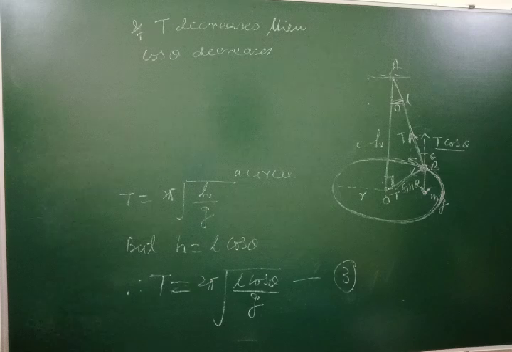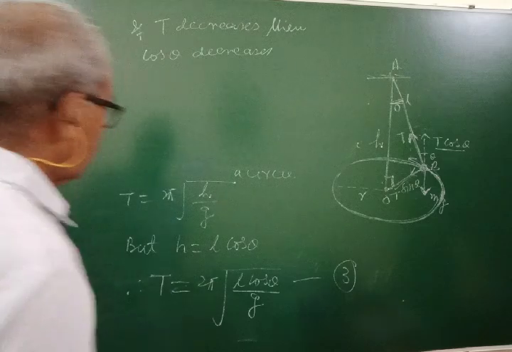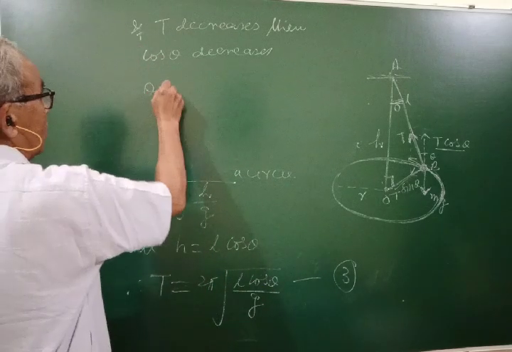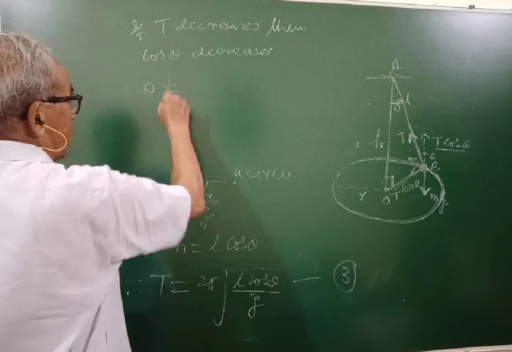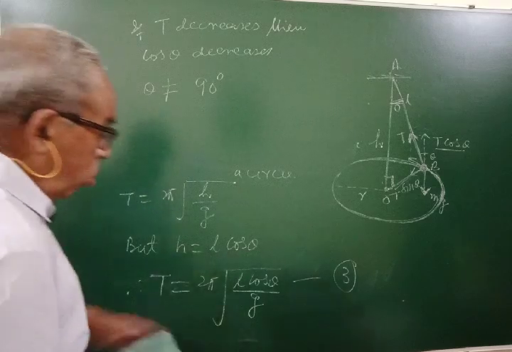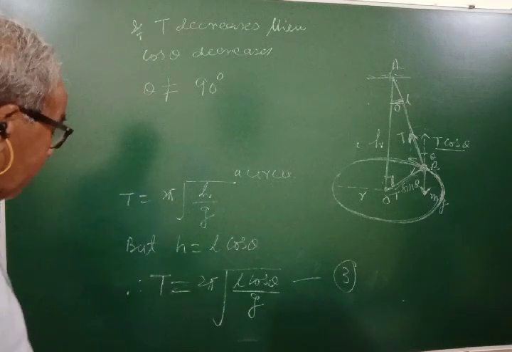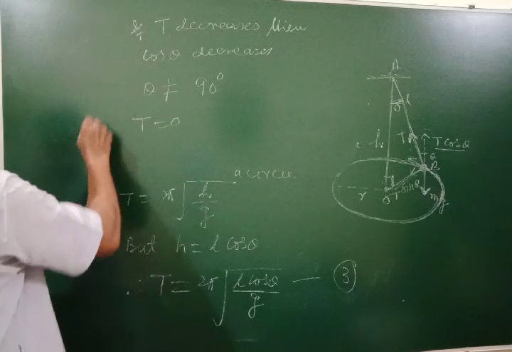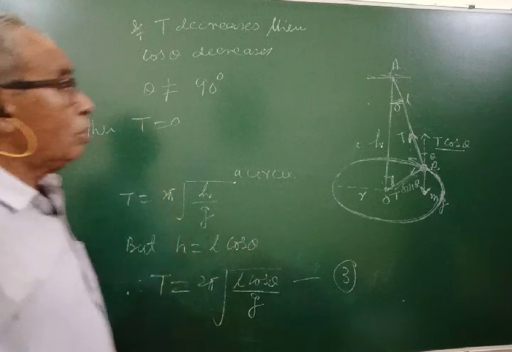But cos theta decreases as value of theta goes from 0 to 90. So here theta cannot be 90 degrees. Why? If theta becomes 90, then time period is 0.